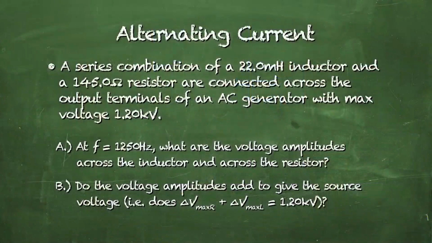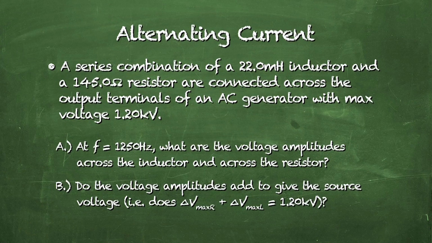Now, let's work an exercise so that you can get some practice at working with alternating current LR circuits. A series combination of a 22 millihenry inductor and a 145 ohm resistor are connected across the output terminals of an AC generator with a maximum voltage of 120 kilovolts.